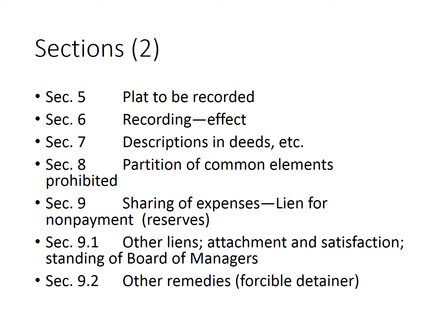Now, also the lien provision. That means that if the owner doesn't make a payment on their assessment, if they miss a payment, if they miss several payments, those payments become a lien on the interest of the unit owner on the property, and it can be foreclosed on.